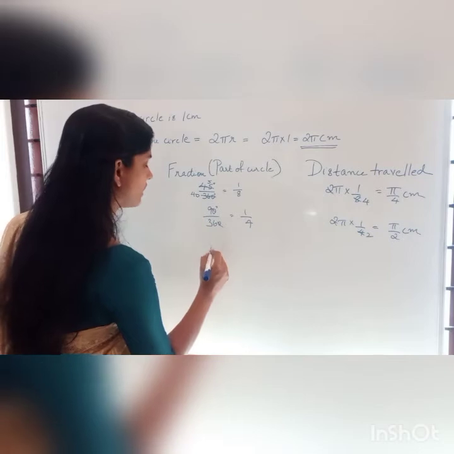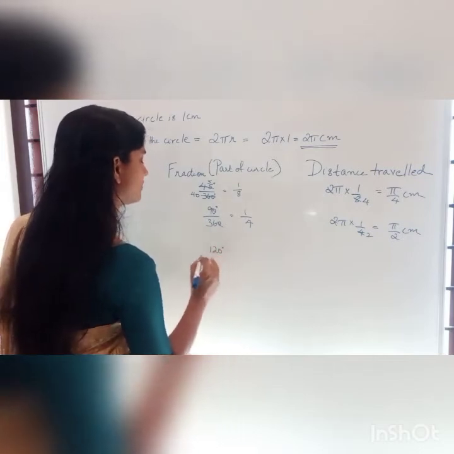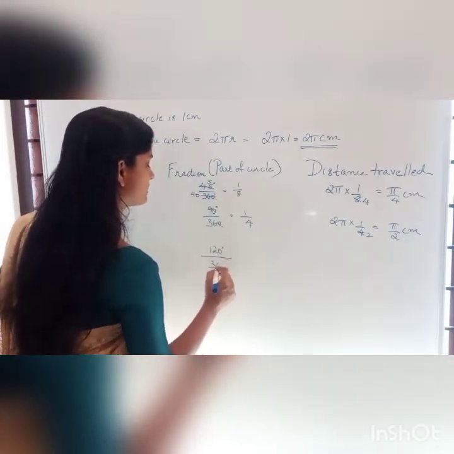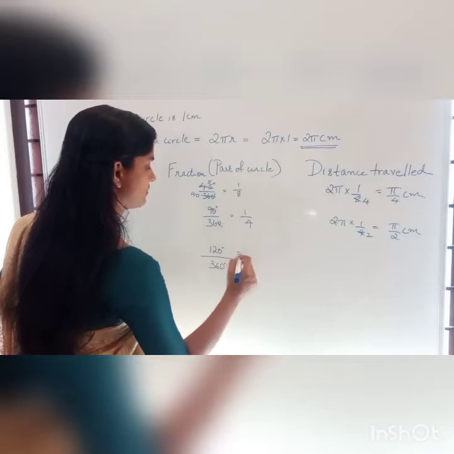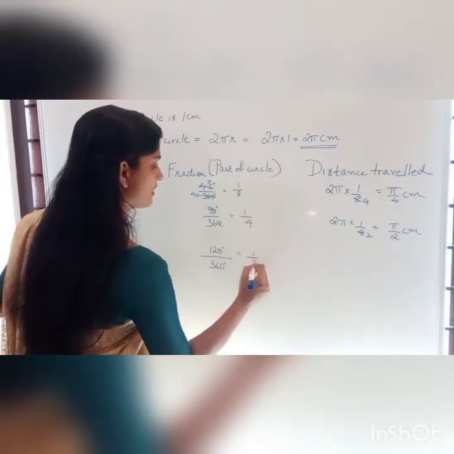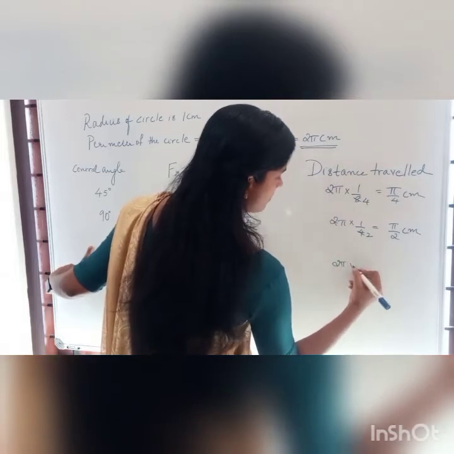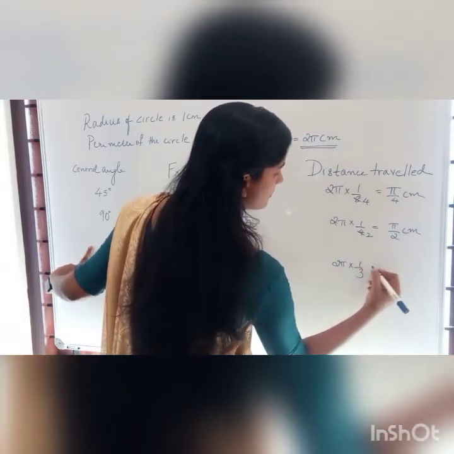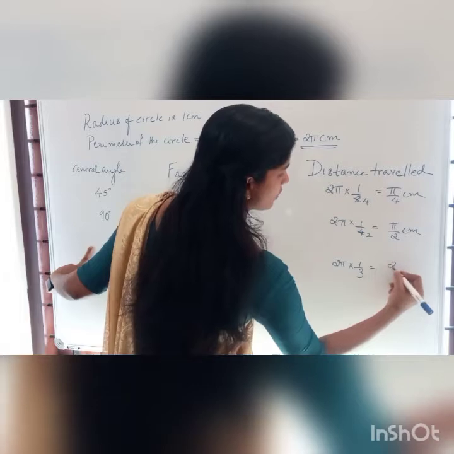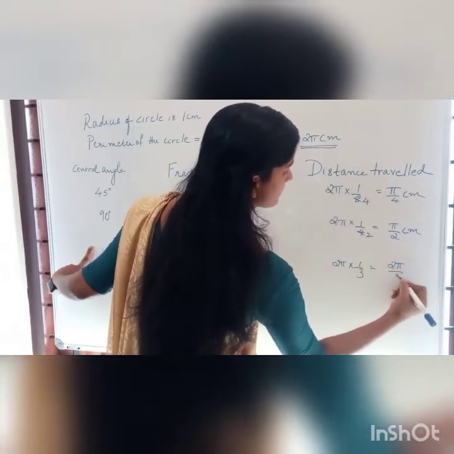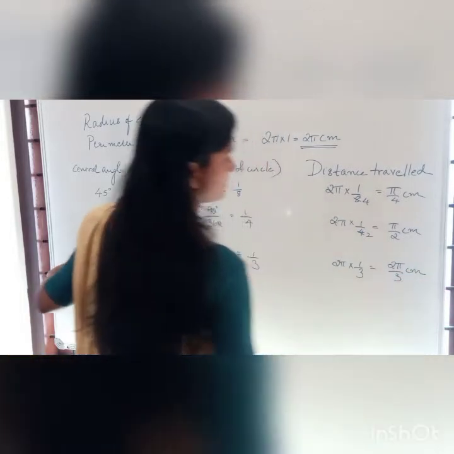How will you convert? 120 degree by 360 degree, 1 by 3. 2 pi multiplied by 1 by 3. How much do you get? 2 pi by 3 centimeters.